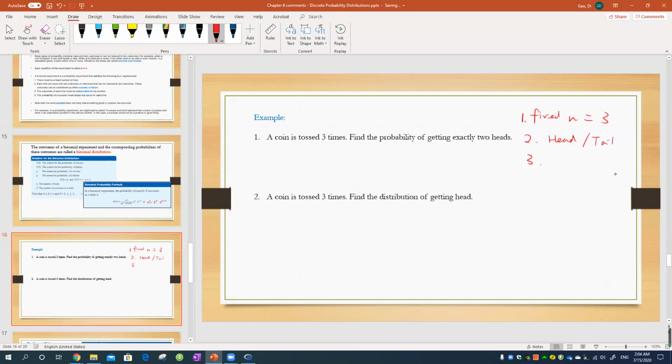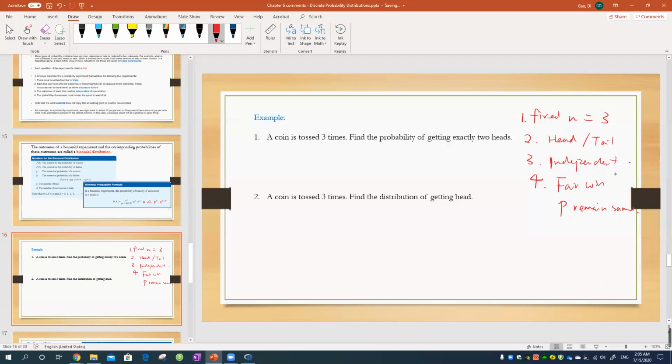The third one, independence: whether you got head or tail on the first toss doesn't affect whether you get head or tail on the second one, so it is independent. And the fourth requirement, the probability remains the same. It's a fair coin, so p remains the same. So no problem, it's a binomial experiment.